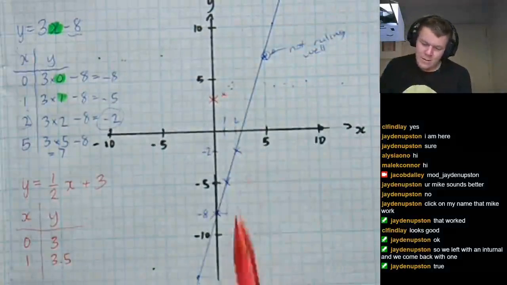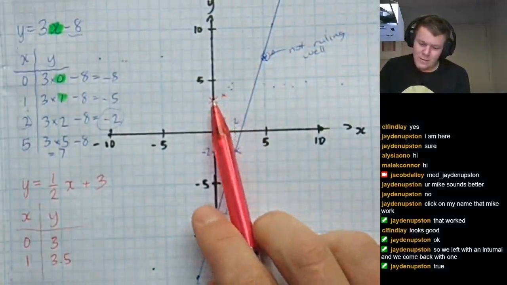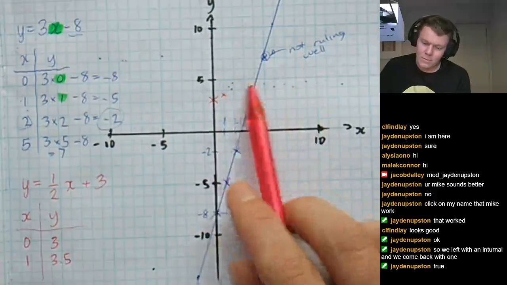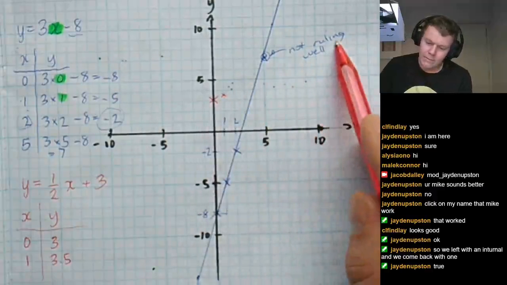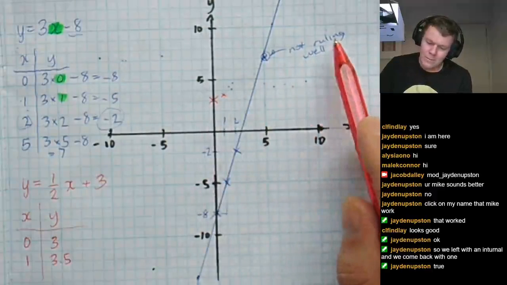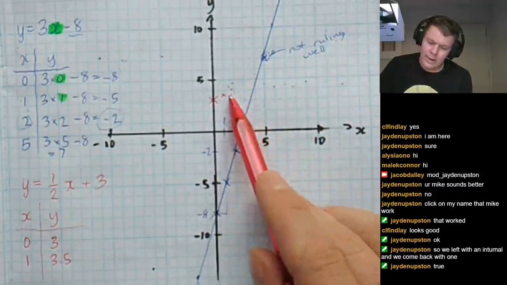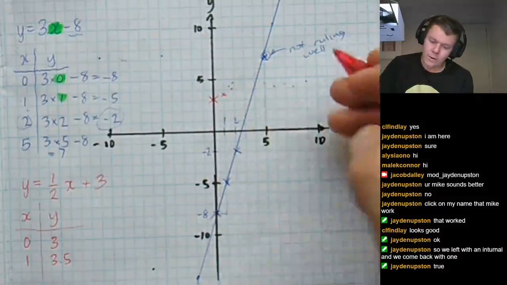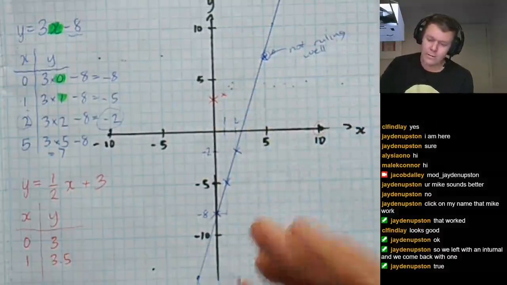Now we can sort of see what's happening here, and the line's going to shoot out here, but we don't want to keep going across by a half each time. We want to know what's happening around x equals 10.